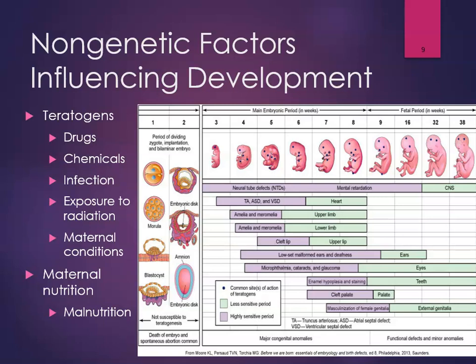Lots of drugs have the potential to be a teratogen, and they're usually categorized as A, B, C, D, or X, meaning you definitely should not take those, period, end of story. There's no reason to take those while you're pregnant. And then A through D is various risks. D is you should only take it if the benefit outweighs the risk. Up to A, there's no problem.